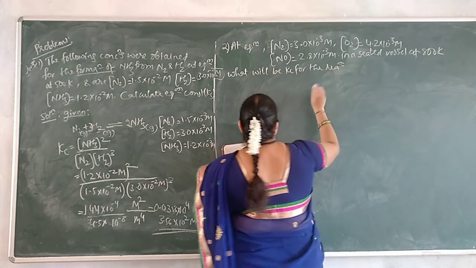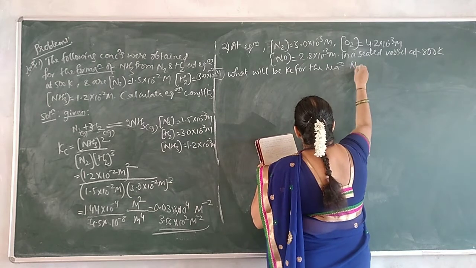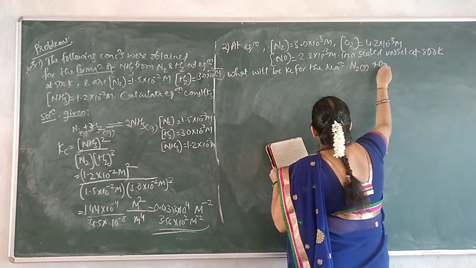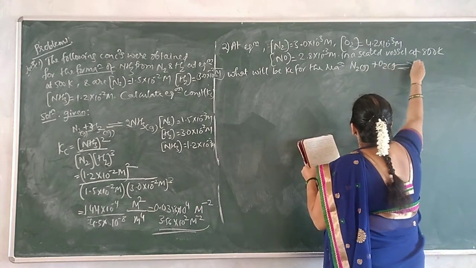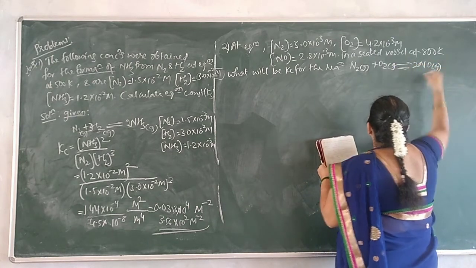So reaction is given here. N2 gaseous plus O2 gaseous reversibly giving rise to 2NO gaseous.